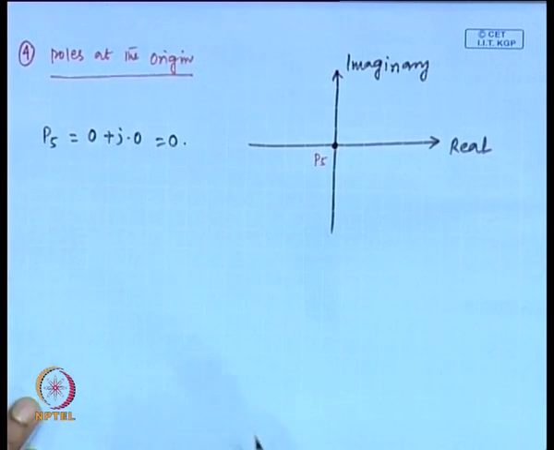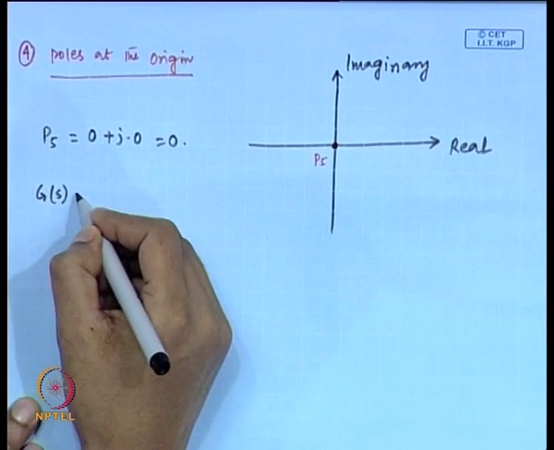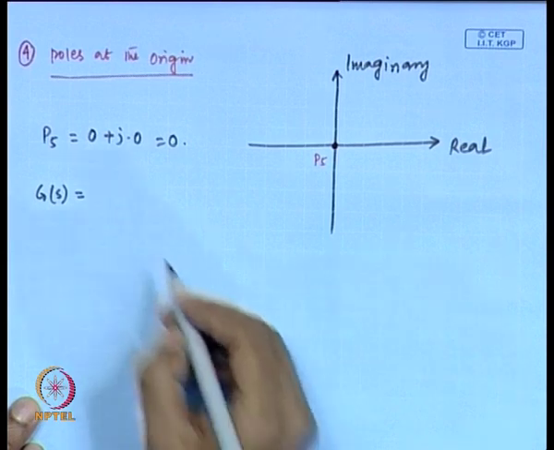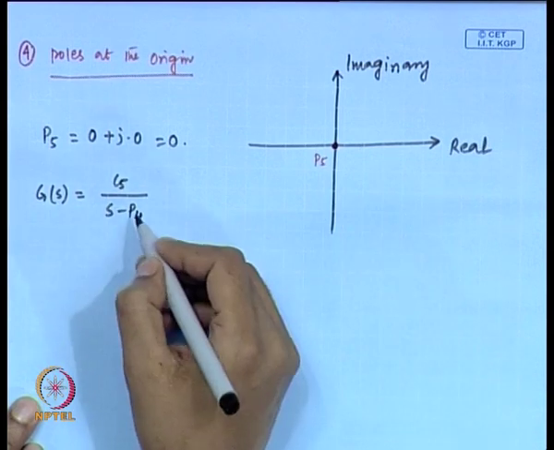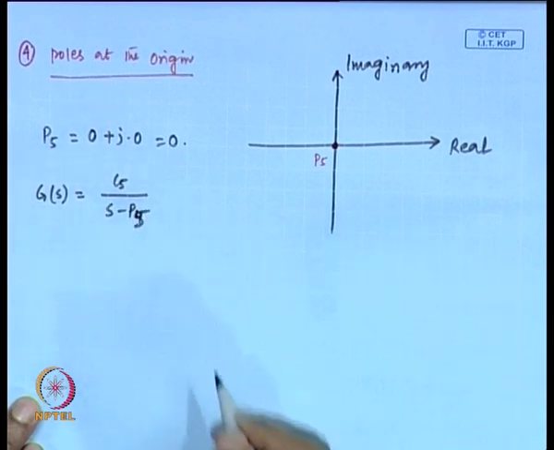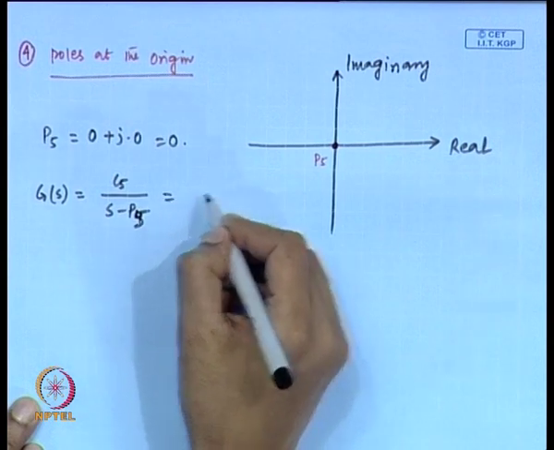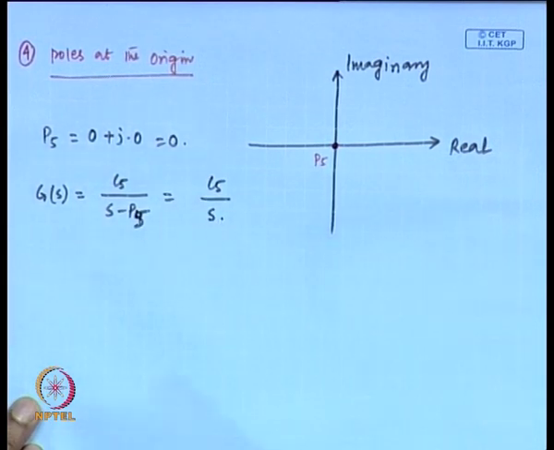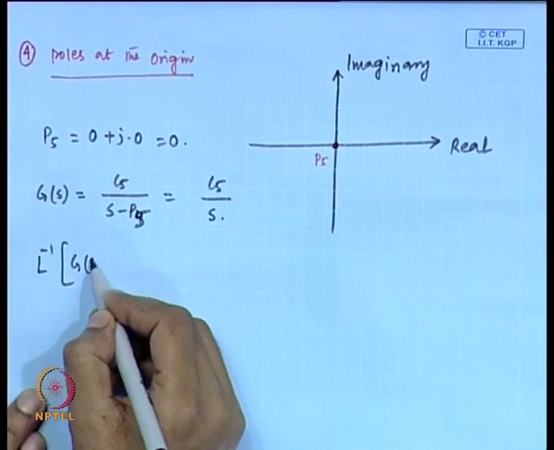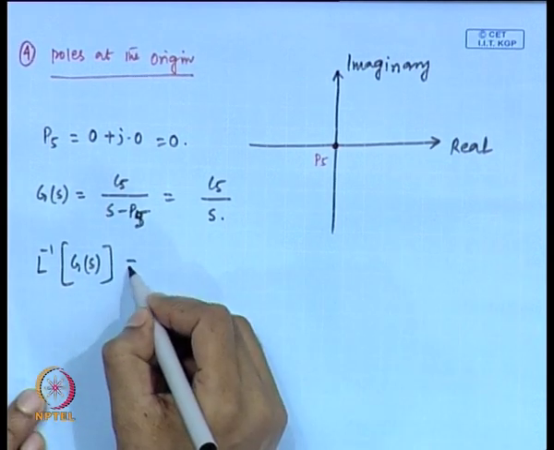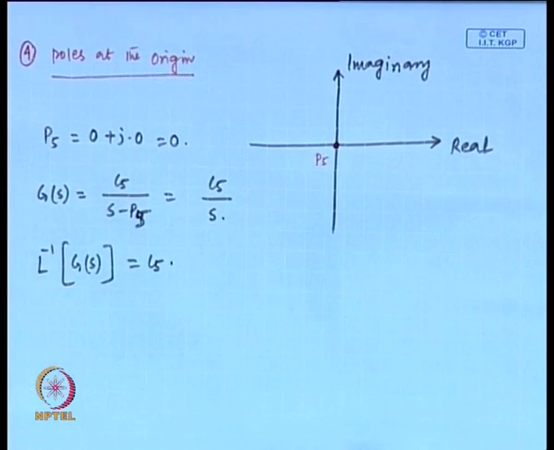Then transfer function G s reduces to C 5 over s minus P 5, equal to C 5 divided by s. Fine. Now, if you take the inverse of this Laplace transform, then we get C 5, one constant term. Fine.